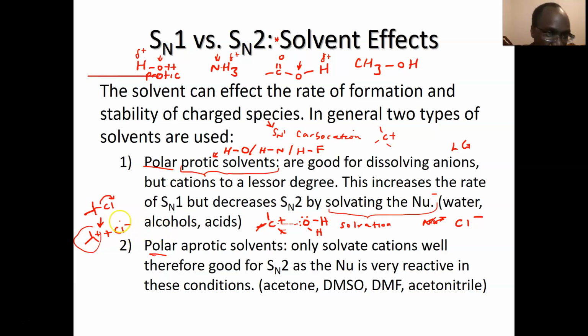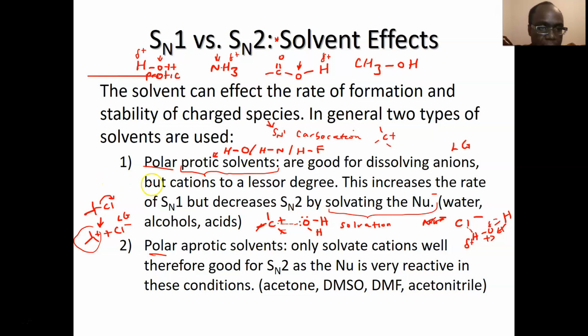At the same time, this leaving group, we don't want it to go back and attack the carbocation. So the solvent hydrogen bonds to that leaving group. The hydrogen is partially positive because oxygen pulls electrons towards itself, so oxygen will be partially negative. The partially positive hydrogen will get attracted to the leaving group, which is the Cl, trapping it. So the leaving group will never go back to attack the carbocation.